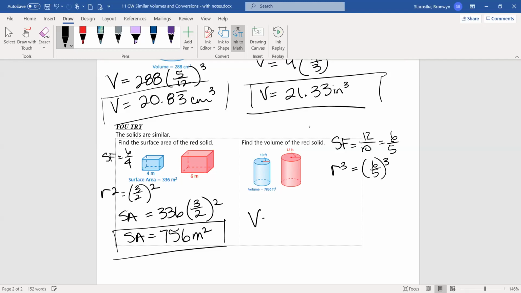We just take our volume of 7,850 and multiply it by 6 over 5 cubed to get our new volume for the red solid, 13,564.8082.